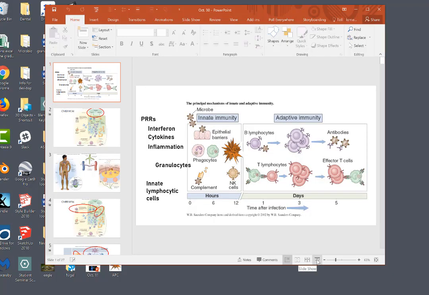And remember, the innate immune response and the acquired immune response start at the same time. One will protect you while the other one is being activated.